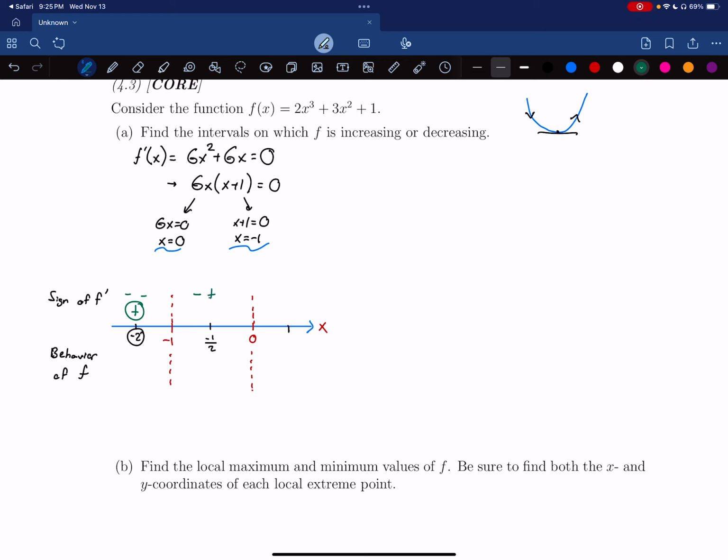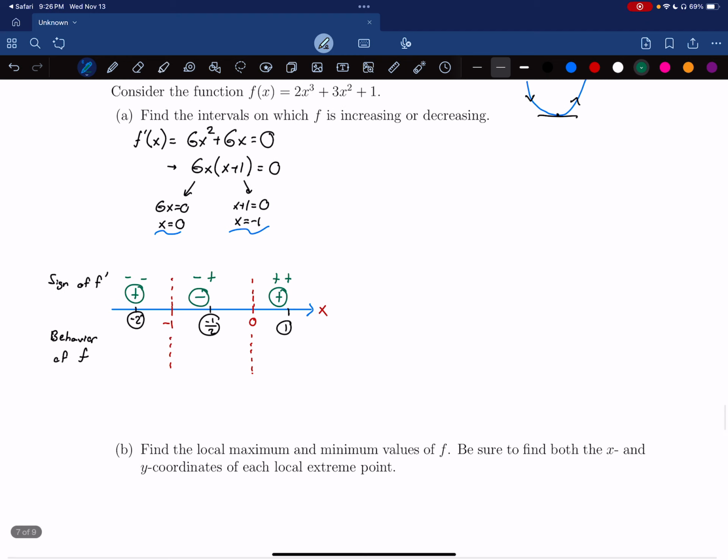And a negative times a positive gives us a negative. Finally, let's consider the point 1. 1 into 6x gives us positive 6, a positive. And then 1 into x plus 1 gives us 2, a positive. And a positive times a positive is a positive. So now we have those signs of f prime filled out.